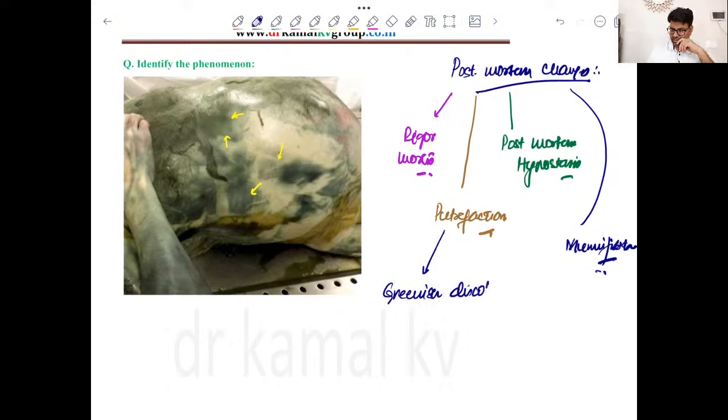So greenish discoloration actually helps us, and sometimes it has been asked from where it starts or where it is early noticed. So it's better I write it: early noticed in.